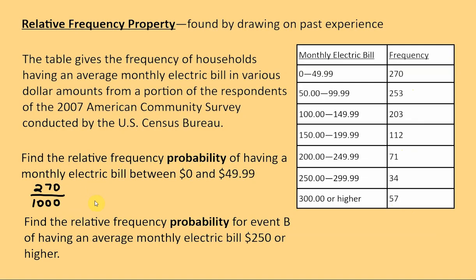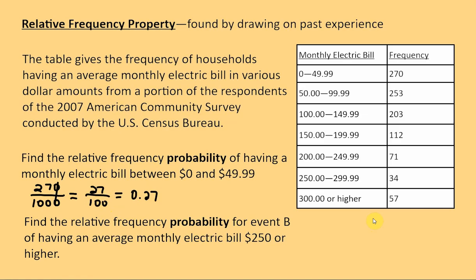And remember, again, we want to reduce that. Okay, so we could take out a 0 out of both and we would have 27 out of 100. So we can also write this as a decimal, and that would be 27 hundredths, which would be 0.27.